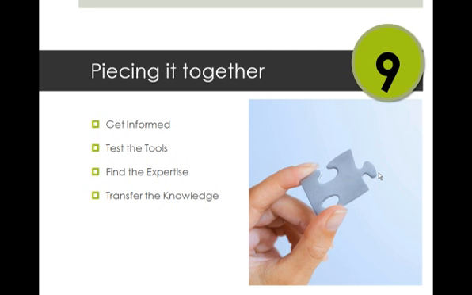I always say it's a good idea to guide the technology expert or vendor to help you achieve your mission, but at the end of the day, it is the staff, it is your communities, it is the organization that has to achieve the mission. So it's important to make sure that whatever you do, you try to transfer that knowledge internally.